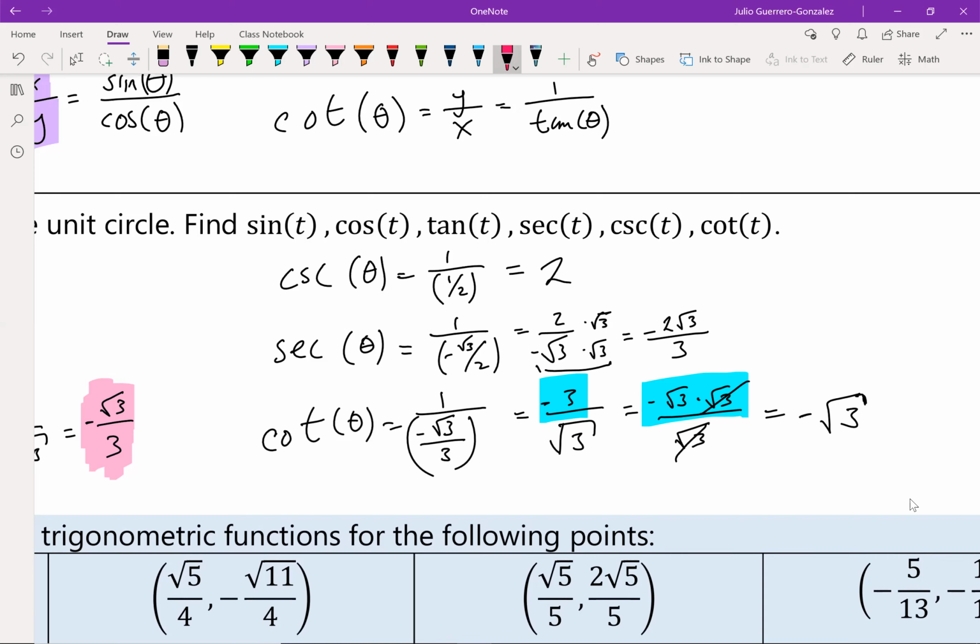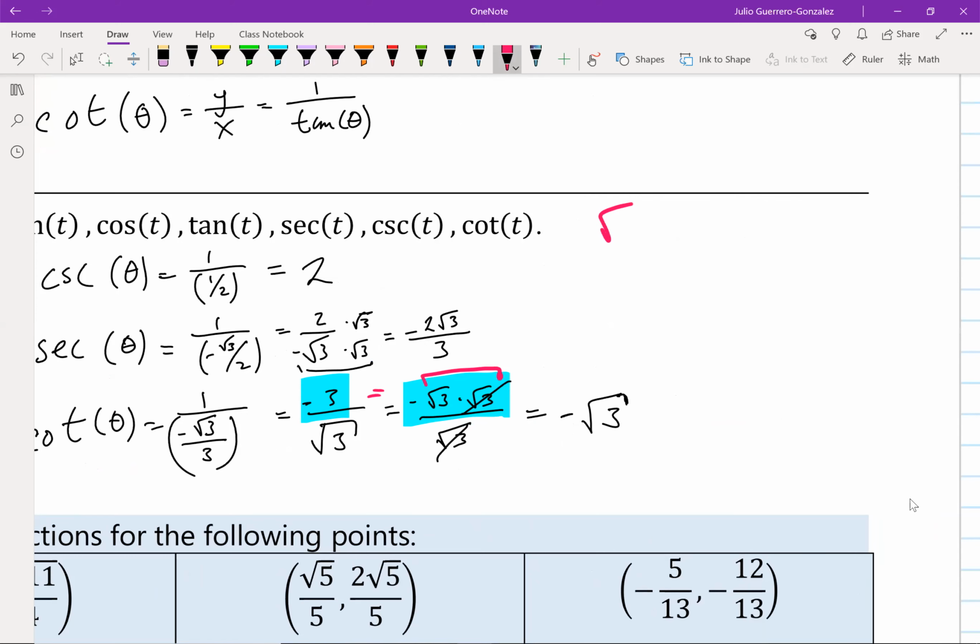the square root of 3 times the square root of 3, that is equal to 3, correct? Let me write it down over here. Square root of 3 times square root of 3 is equal to 3, right?